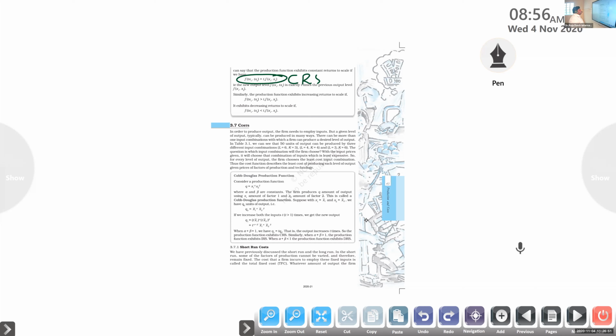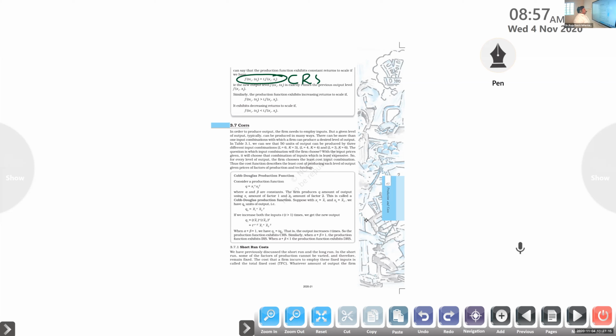However we changed the input, the same change we find in the output. So it is exactly t times the previous output level, t multiplied by f of x1 and x2.